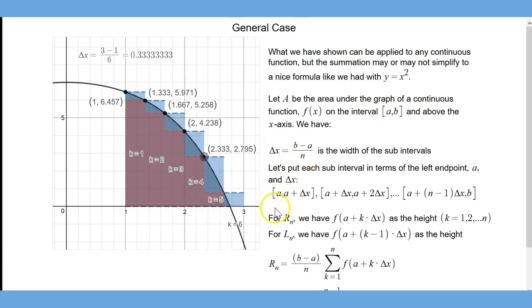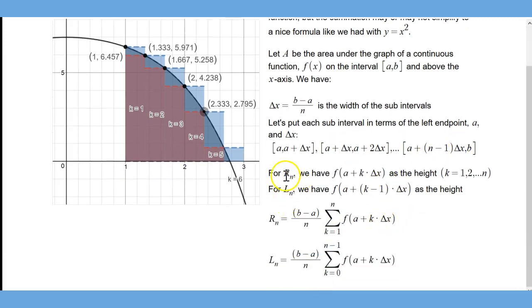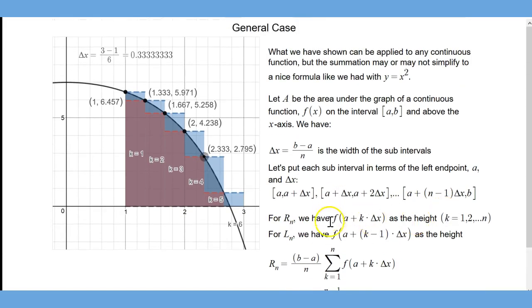In this case, I'm starting at a equals 1, not a equals 0. So my intervals are going to start at a, and each interval I'm going to add a delta x quantity to. So my first interval is a to a plus delta x. My second interval is a plus delta x to a plus 2 delta x, etc. So for the right estimate, the height of each rectangle is going to be f of a plus k times delta x.